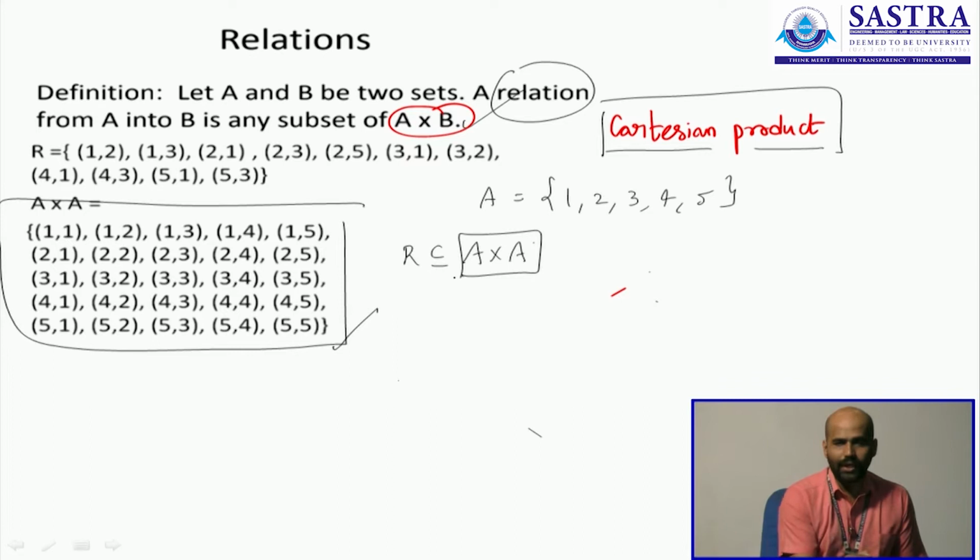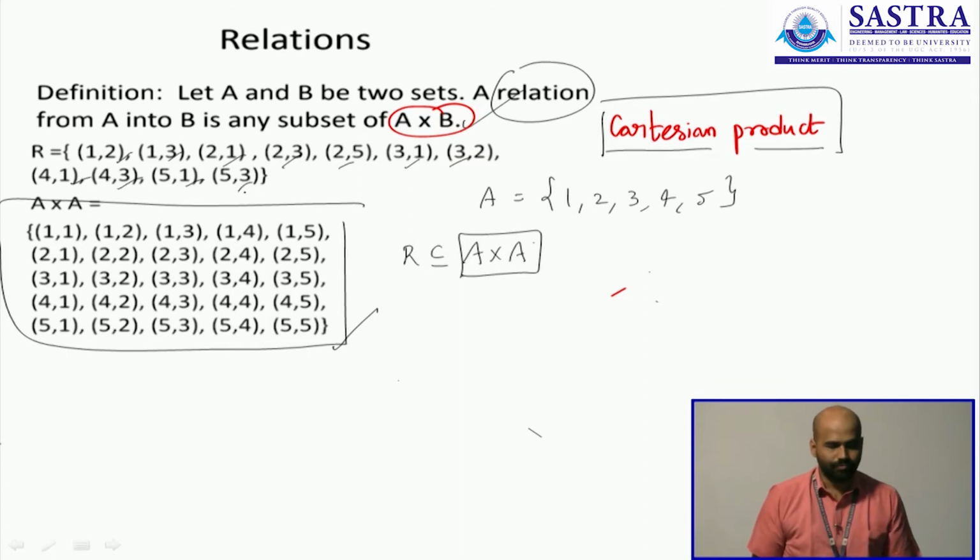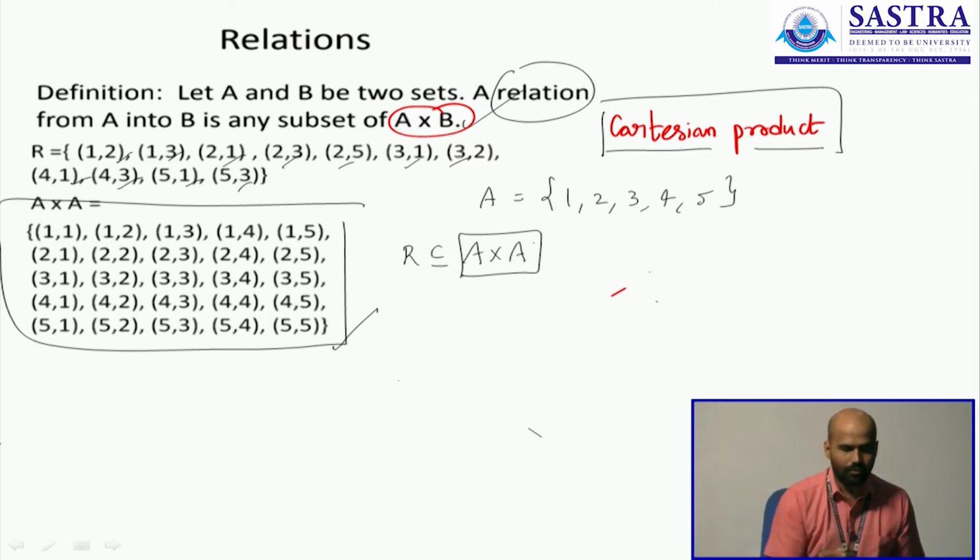That's why I have given you an example here for R, and R is all ordered pairs of the form (1,2), (1,3), (2,1), (2,3), (2,5), (3,1), (3,2), (4,1), (4,3), (5,1), (5,3). I have picked 11 ordered pairs out of the 25 ordered pairs available.